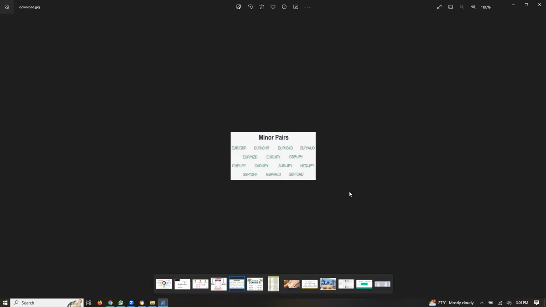So we have come to the minor pairs. We have explained major pairs and now we're explaining minor pairs. You understand? Minor pairs are the pairing of these major or stronger currencies that we've mentioned already against each other, with the exception of the US dollar.